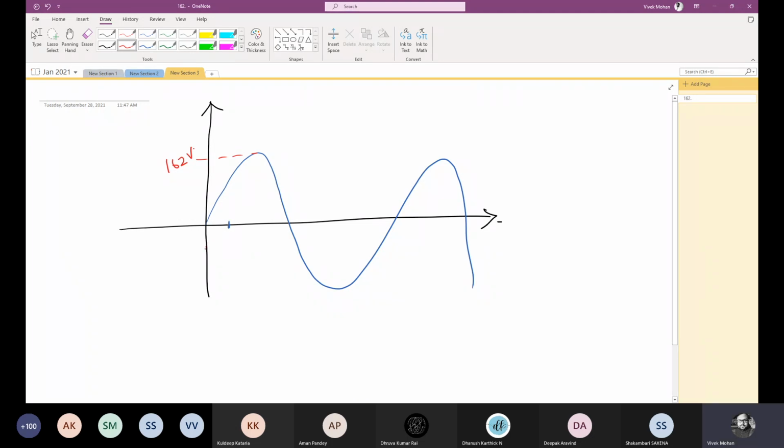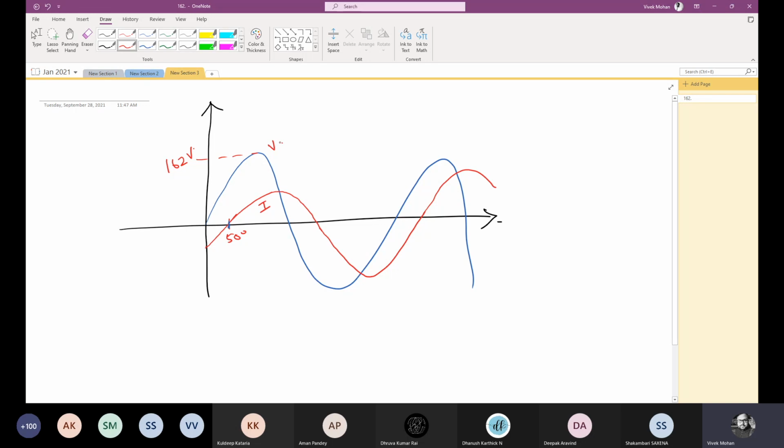So I'm drawing a current signal having a low magnitude and with a lag. Like this I'm drawing. Here this is my 50 degree. This is my current waveform.